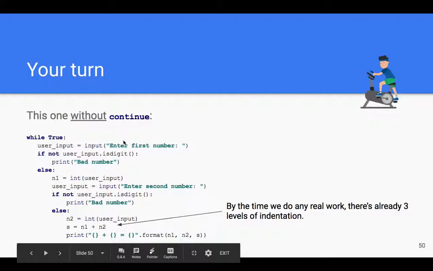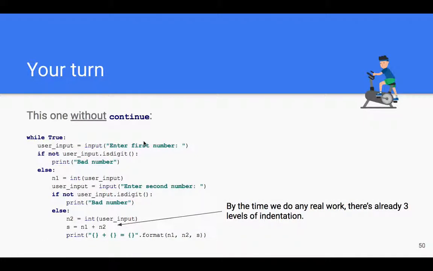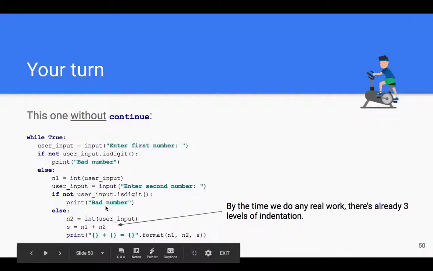So very simply, we ask the user to enter the first number. If the first number is not a digit, we say, hey, that's a bad number. Otherwise, we ask the user to enter the second number. And then if the second number is not a digit, we say bad number.